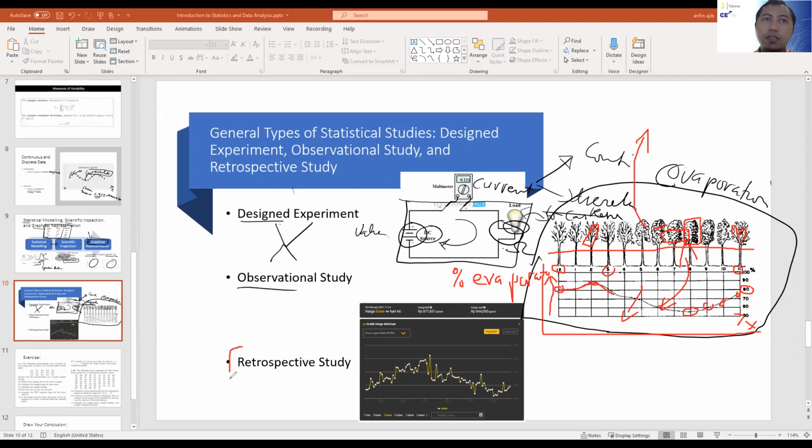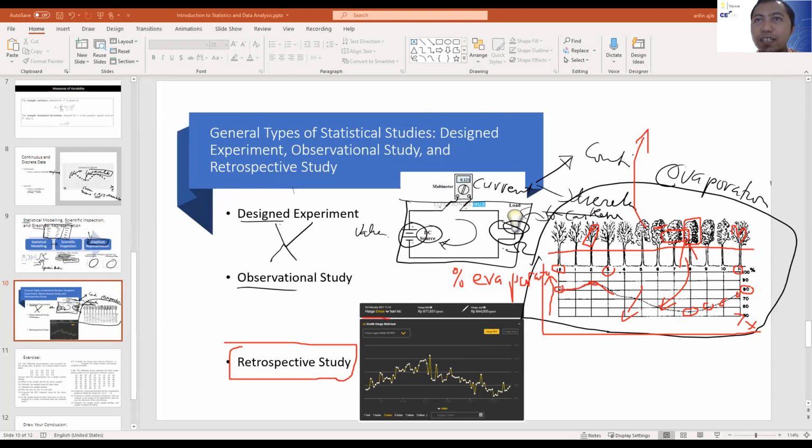And the third is retrospective study. Sorry for the difficulty pronouncing. Okay, I put here a real-time gold price for today.